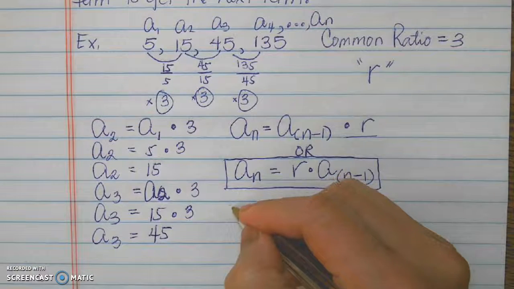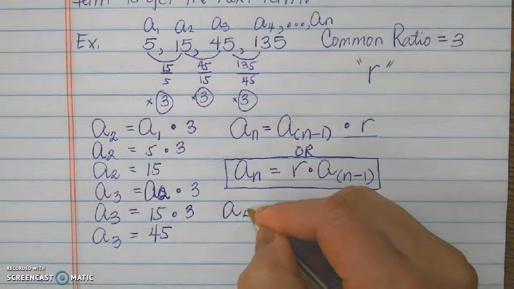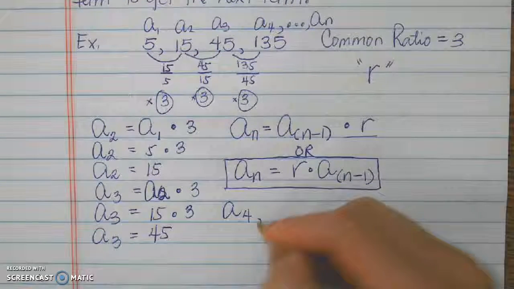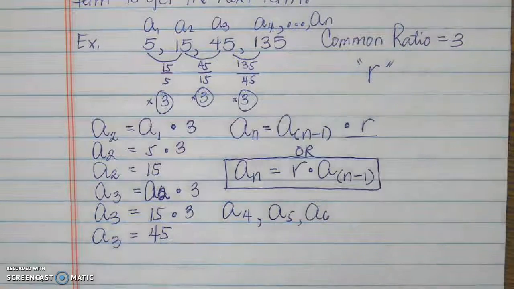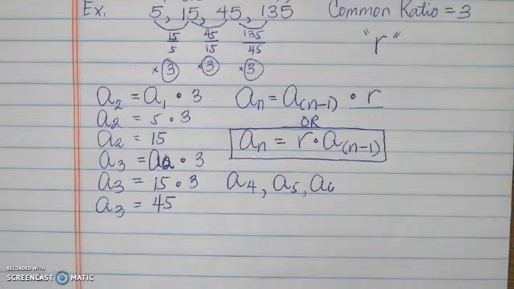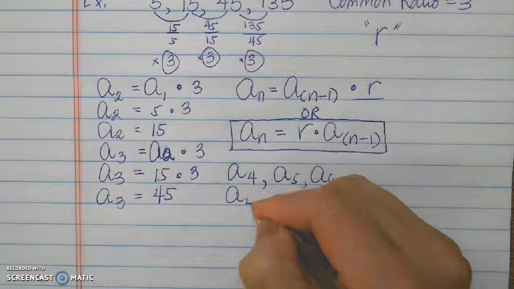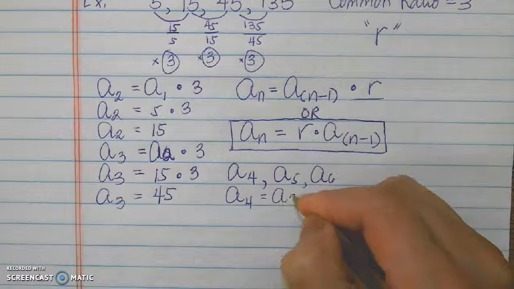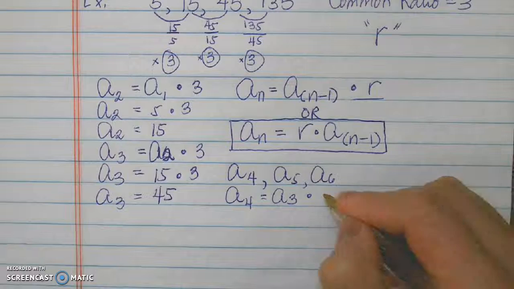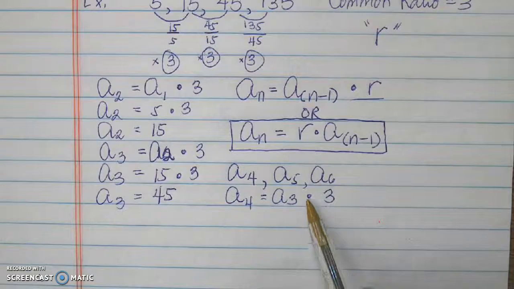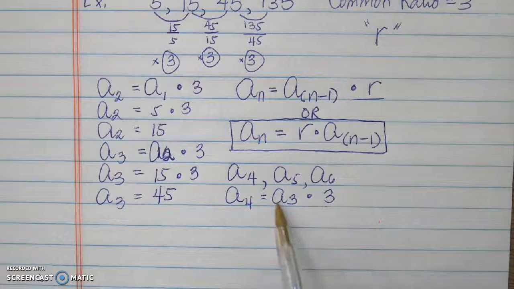What if I'm looking for A4? Let's have A4, A5, and A6. Okay, let us begin solving. If I'm looking for my A4, I need my A3, and I need to multiply that by my common ratio, which is R. I'm putting my times 3 on this side, and it is commutative, so it's actually the same.